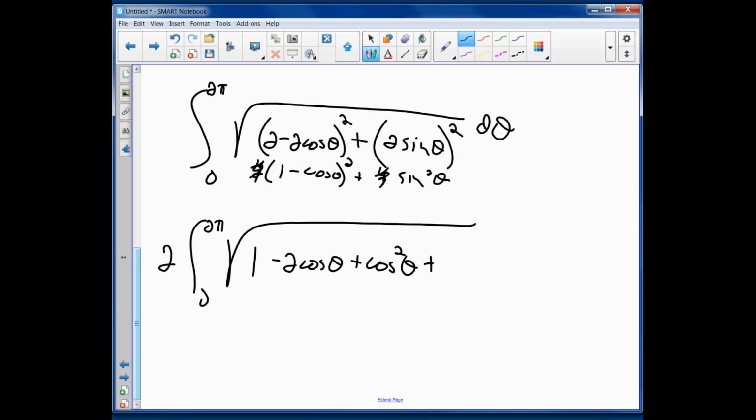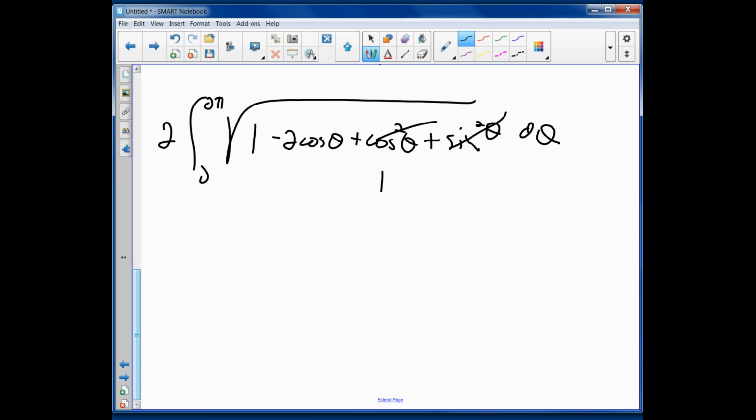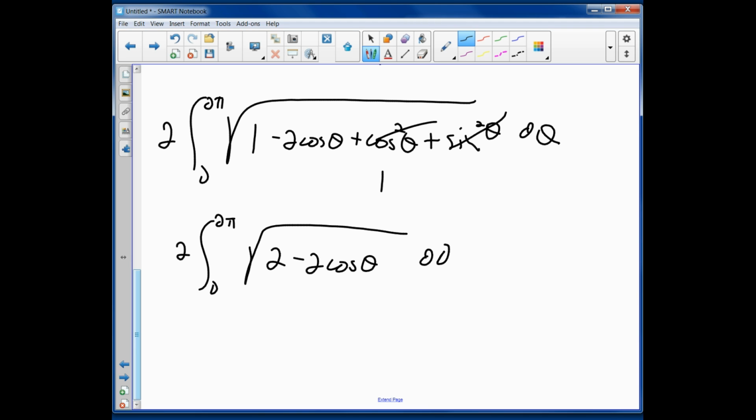Okay, figured it out. Now what could we do with that? I mean, I can take out a square root of 2, make this 2 square roots of 2, and this is the square root of 1 minus cosine. But that's just 1 minus cosine, it's not 1 minus cosine squared.